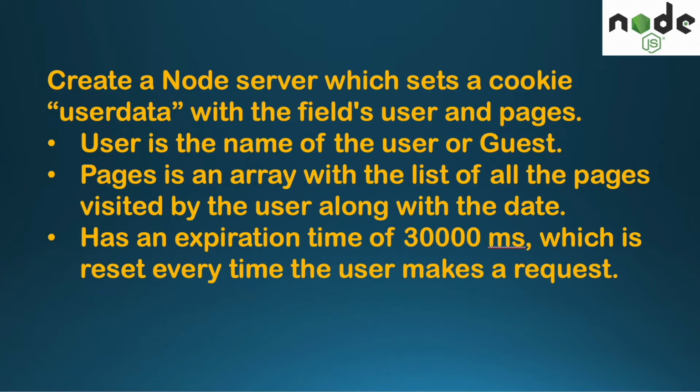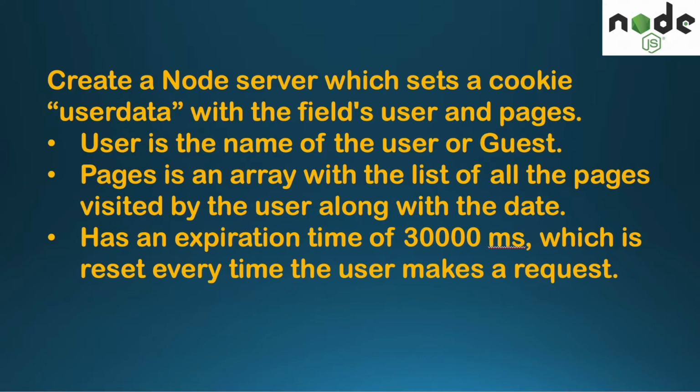Now that we have gotten our basic understanding of cookies, let's do a simple exercise which will help make these concepts much clearer. So what does the exercise say? Create a Node server which sets a cookie userdata. So userdata is the name of the cookie and the value of the cookie can be a JSON, and this JSON will have two fields, user and pages.